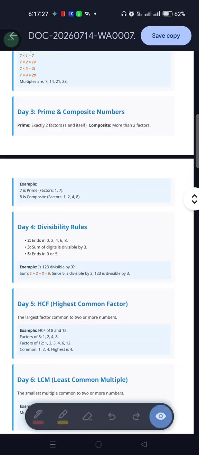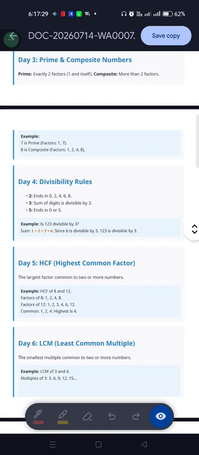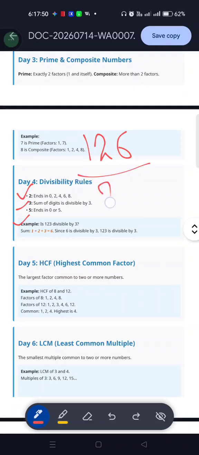Now, divisibility rules. Divisibility rules means the numbers which you can divide by 2, 3 and 5. Suppose that you are given a number 126, and I am asking you, is it divisible by 2?